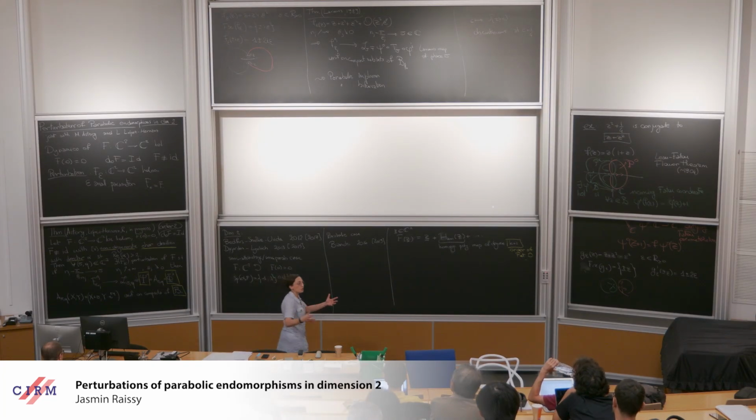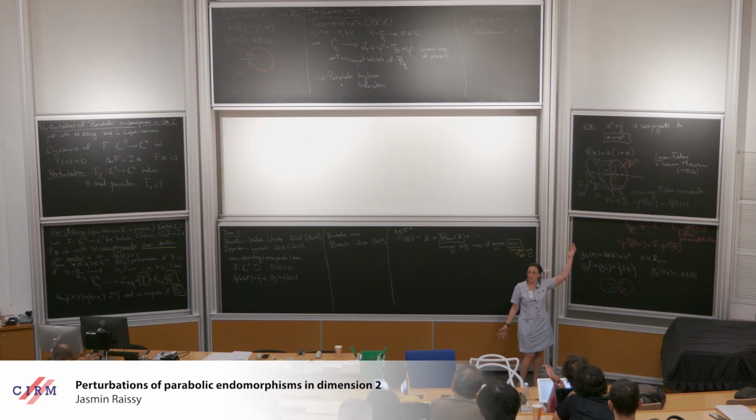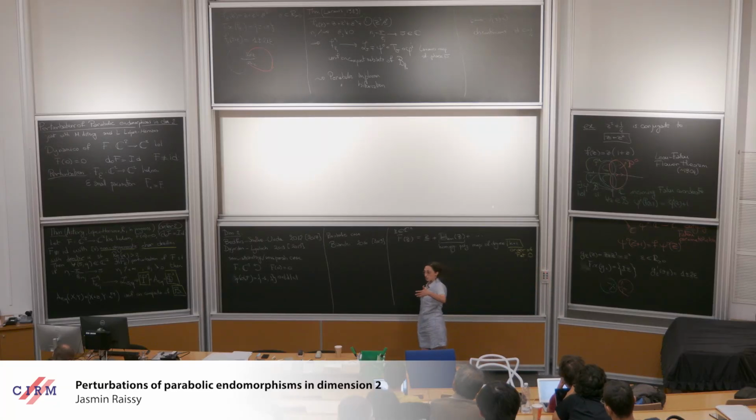When you try to look at the dynamics of these maps near the origin, the first thing you would like to do is ask, do I have a flower like I had in dimension 1? So you will search for directions that are left invariant by the dynamics. Let me give you the definition of a characteristic direction.